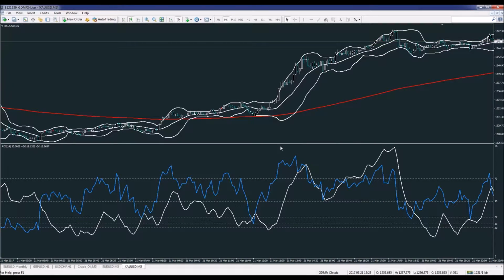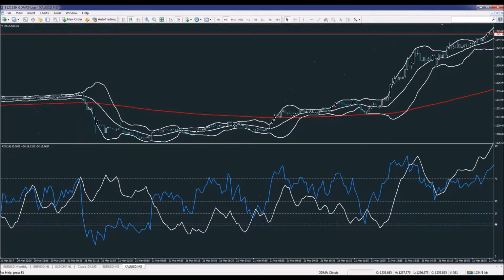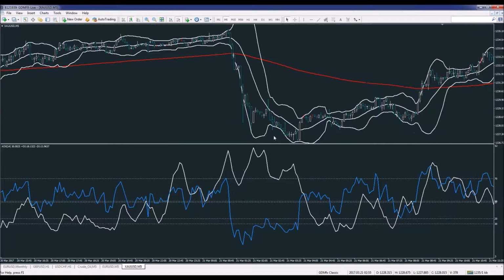Also, given the fact that gold is one of the most volatile instruments out there, we should always be mindful and careful when we trade on the counter trend of the system, basically because the volatility can bring the gold price, we can see here, also about $120 of profit on this one.